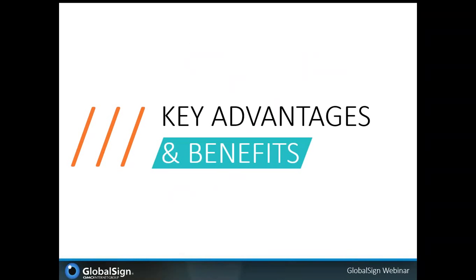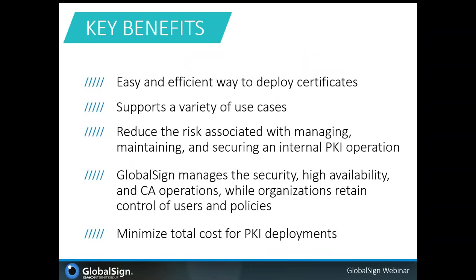Let's look at some of the key advantages and benefits that AEG has to offer. It provides an easy and efficient way to deploy digital certificates across your entire organization, whether that be users, machines, or devices. It also supports a variety of use cases: user and machine authentication, SSL, SMIME, and Office document signing.